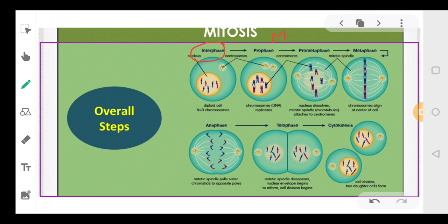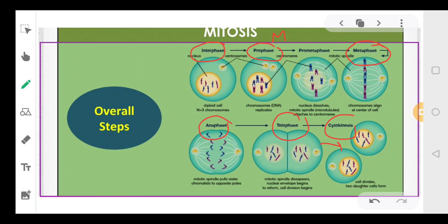In M phase, the first phase is called prophase. Then we have metaphase, then anaphase, then telophase, and then we have cytokinesis. And cytokinesis will divide the one cell into two daughter cells. Is that clear, everyone?